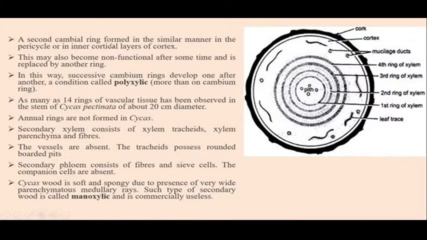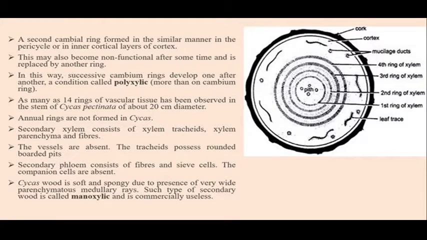So a second cambial ring is formed in a similar manner in the pericycle or the inner cortical layer of cortex. This layer also becomes non-functional after some time and it is replaced by another ring.